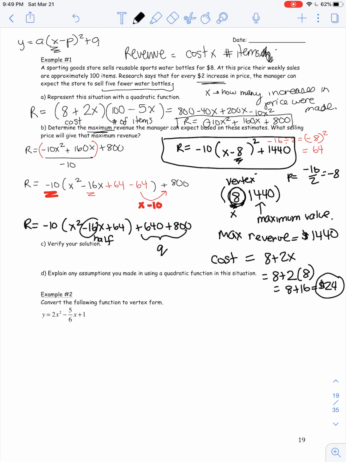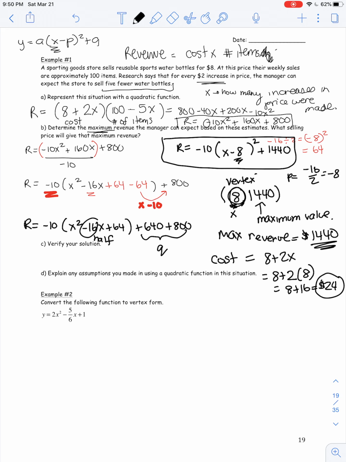So we know that when the cost of the water bottle is $24, that's when he's going to make a max revenue of $1440. So by changing it into vertex form, we are able to pull out the p and q, and then use that p value to solve for the cost of the water bottle and use the q as our max revenue.